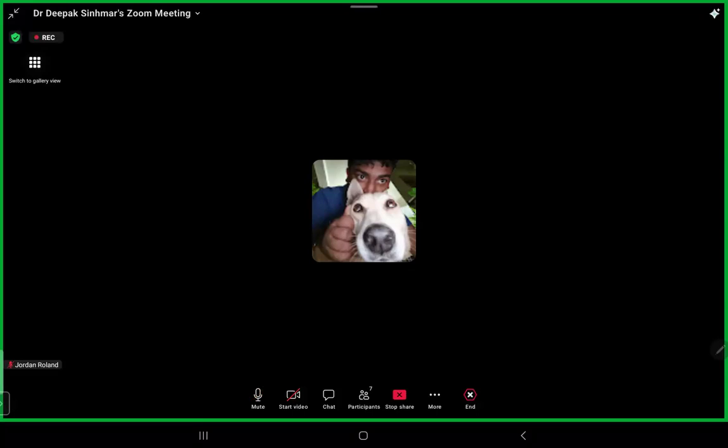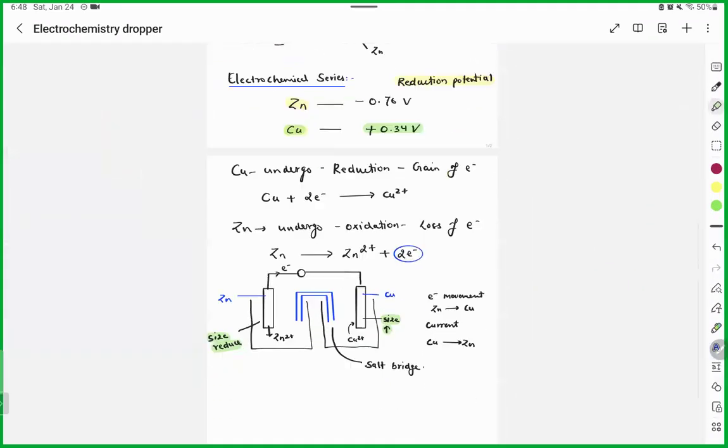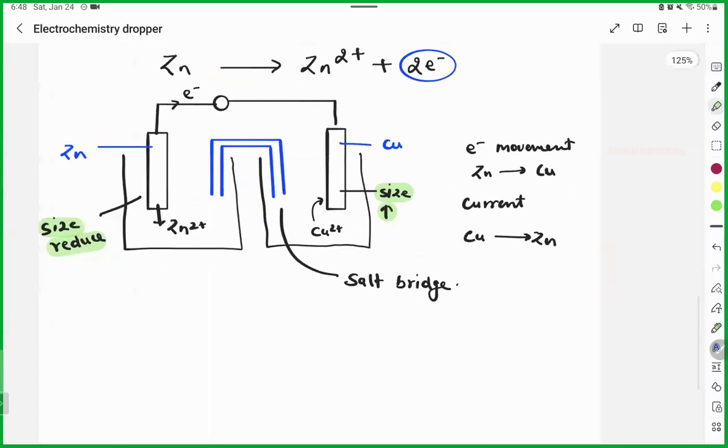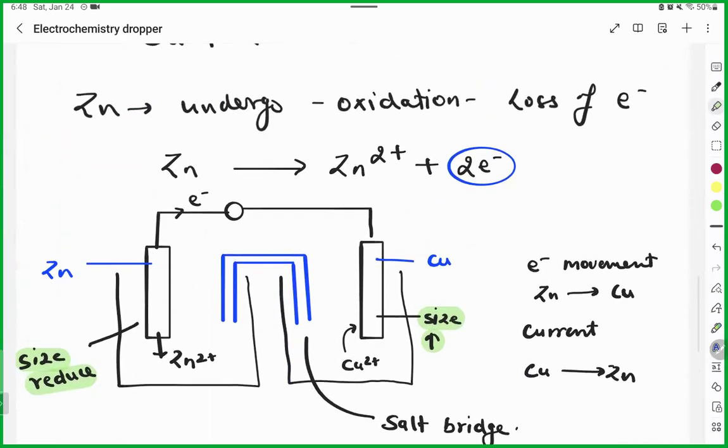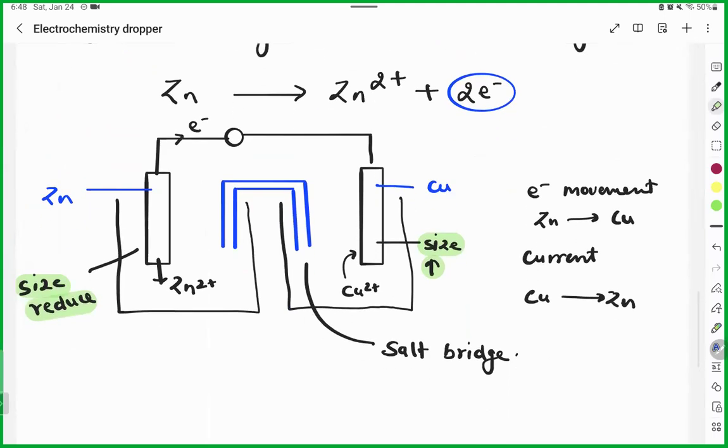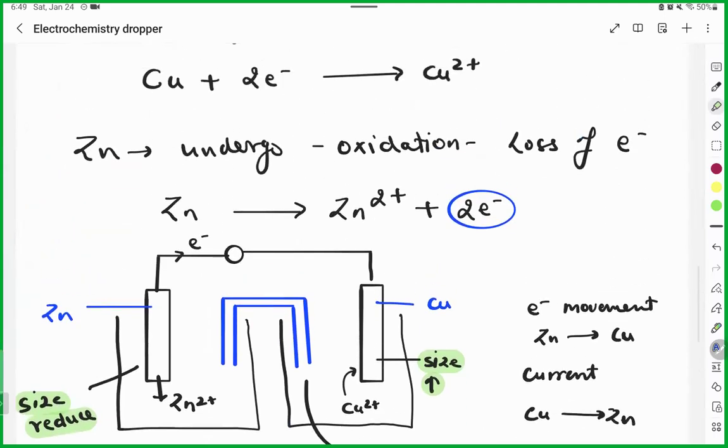You guys were right. So what actually happened? You should know the meaning of oxidation and reduction.